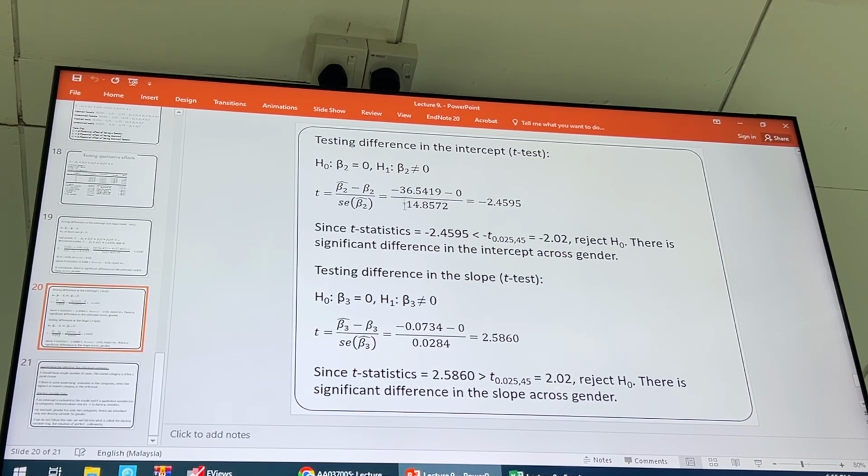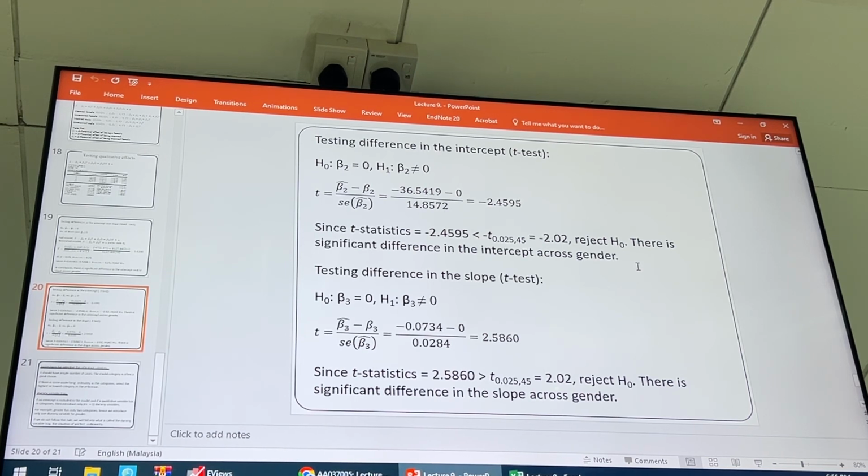But if you perform the test, you calculate the ratio, the estimate minus 0 divided by standard error. So you get negative 2.4, you compare to the value from table, but it produces the same result. So reject and conclude there is significant difference in the intercept for male and female.